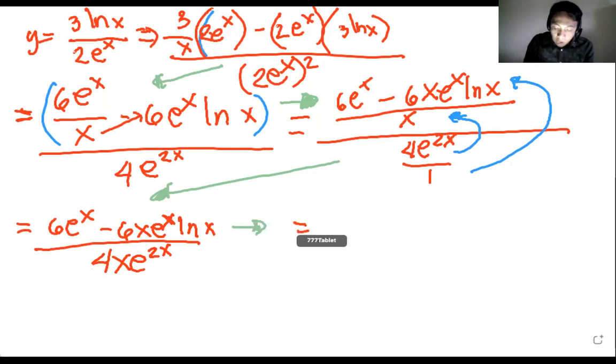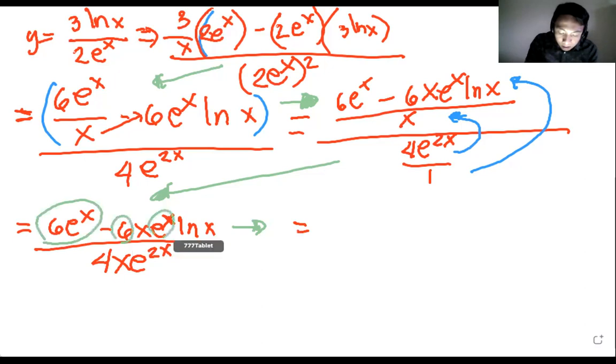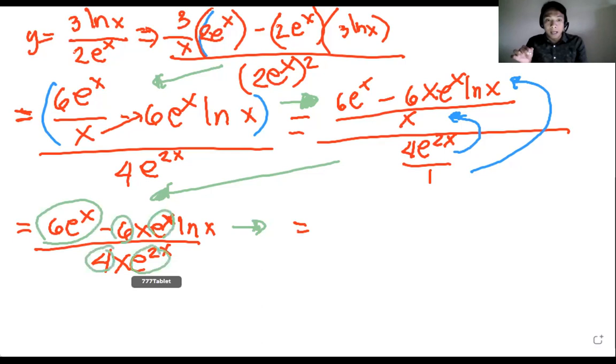So equals, ilalabas ko si 6e raised to x. Kasi lahat sila meron eh. Lahat sila merong, ayan, e raised to x, 6e raised to x, 4e raised to x. Tama? So lahat sila meron na. So pwede ko siyang ilabas. Okay?